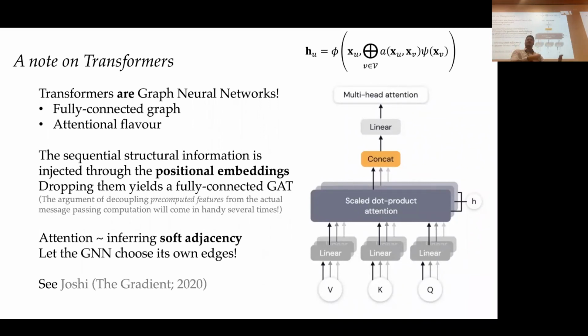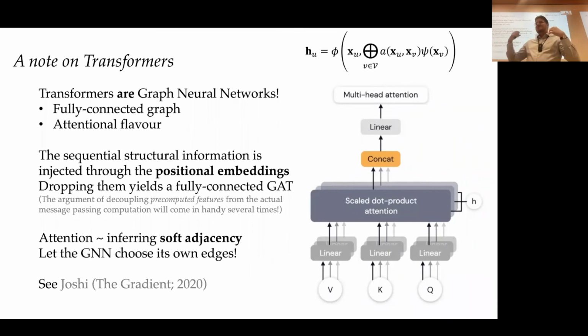There's no mathematical constraint that those features need to be used, right? So if you drop them, you'd end up with a fully connected graph structure, but nothing stops you from putting positional embeddings in graphs either. Like that's a very standard thing to do, yeah? And what this means then is that this attention mechanism with its coefficients is a way to infer a soft adjacency matrix and letting the GNN choose its own edges, okay?